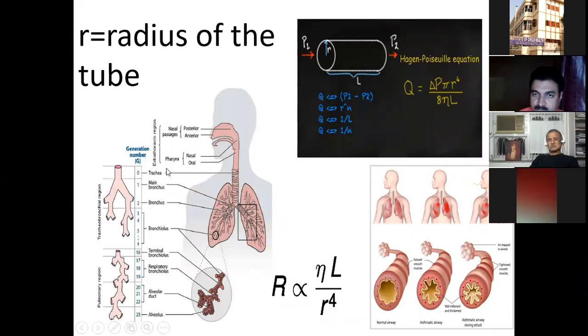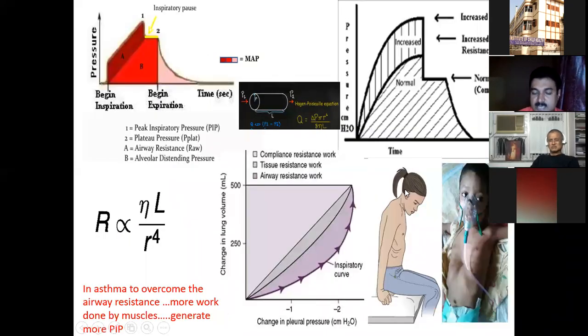So here this healthy baby, without any neuromuscular disease or cerebral palsy, without any thoracic deformity, can compensate by increasing delta P or inspiratory pressure. But this baby cannot.